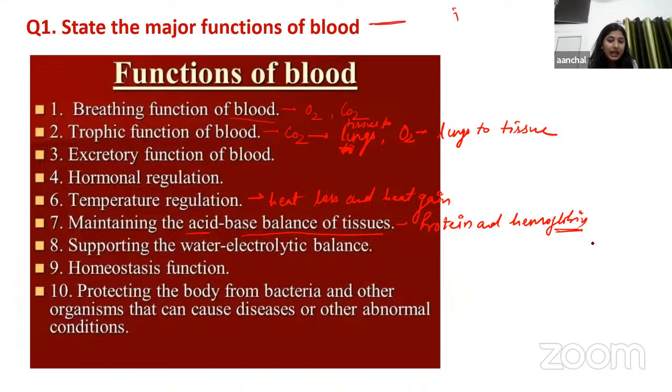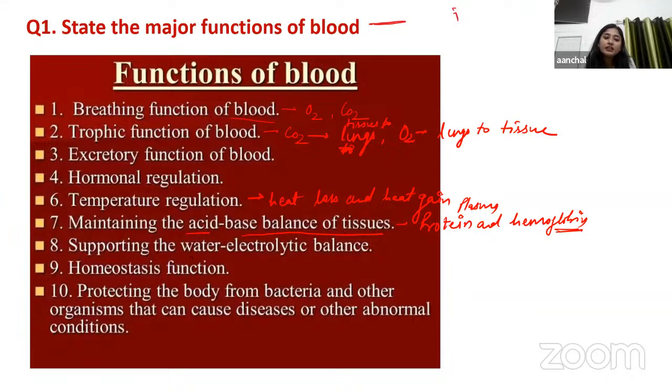Plasma protein and hemoglobin both act as a buffer and help in the regulation of acid-base balance, because both are amphoteric in nature. Amphoteric in nature means depending upon the circumstances, they can act as base or they can act as acid, right?